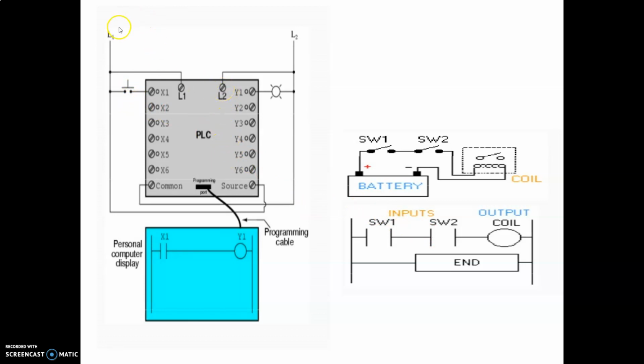We can see line L1 and line L2, which indicate the two vertical lines, right? And look at this logic diagram: this is X1, this is Y1. In this way we start with the programming part.